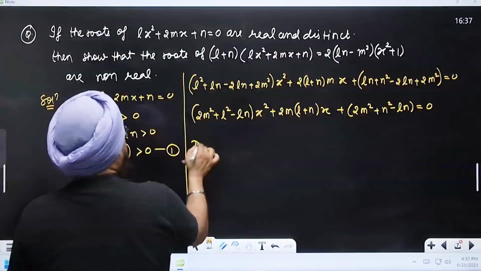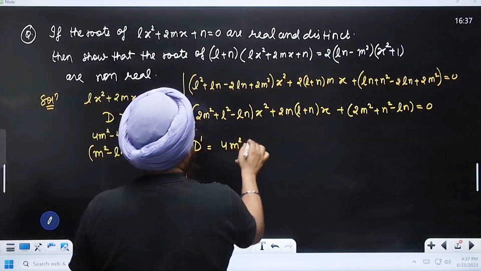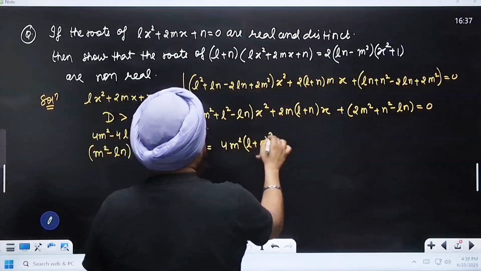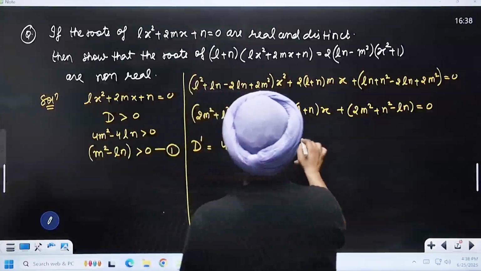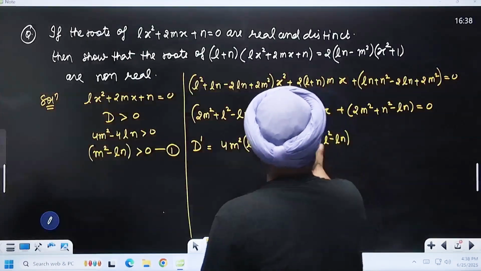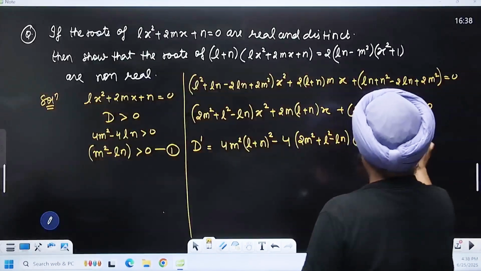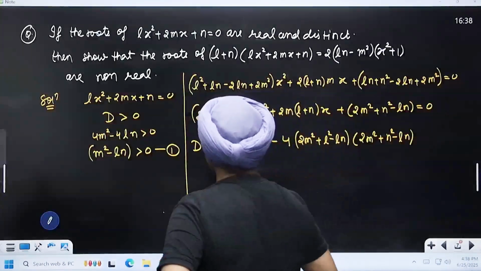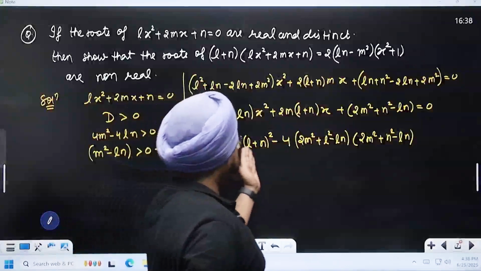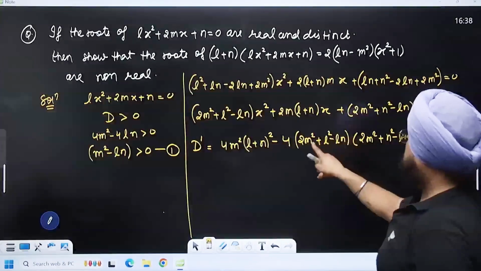So let's calculate the discriminant of this equation, b square minus 4ac. Now if we solve this directly, I think we will go nowhere.